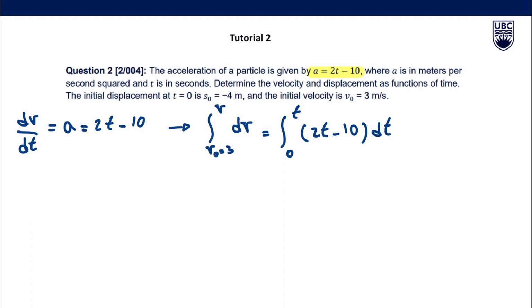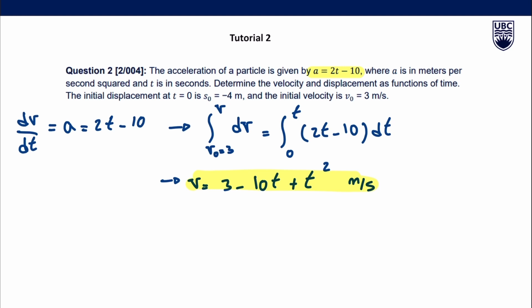This is how we take integrals. And by doing the calculation, you will find the velocity is 3 minus 10t plus t squared. And the unit here is meters per second. So this is our equation for velocity.